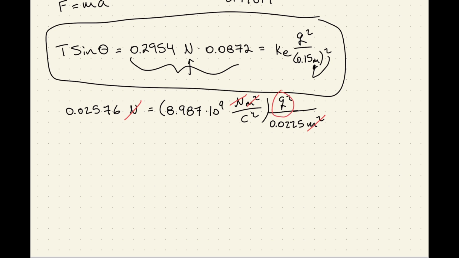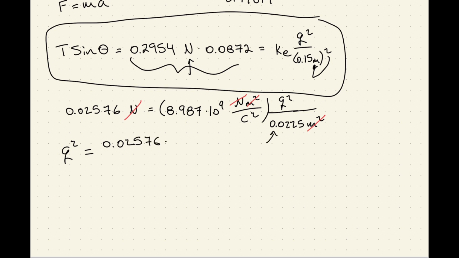So what we're solving for is Q. Let's isolate for Q. We have Q squared is equal to, let me write this in black ink so not to scare anybody that doesn't like the red ink color. So what we have is actually 0.02576.